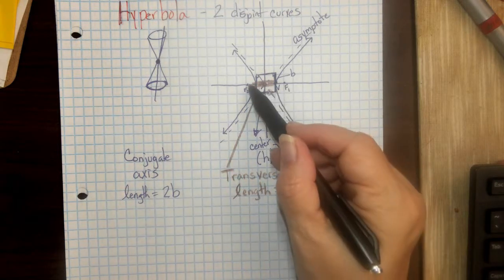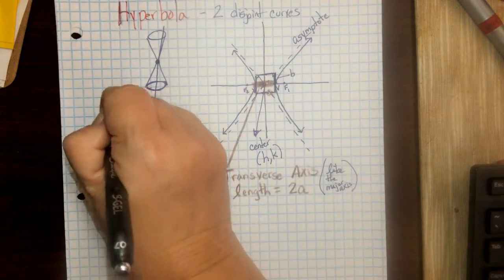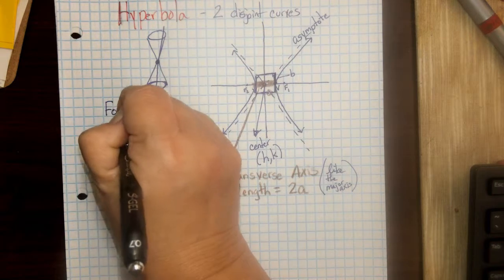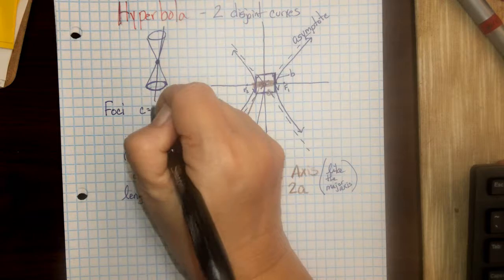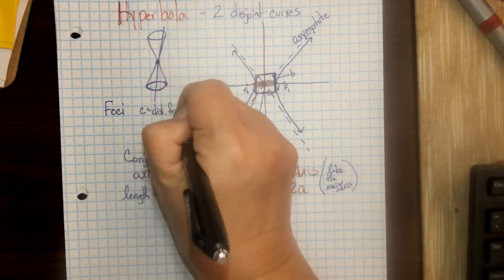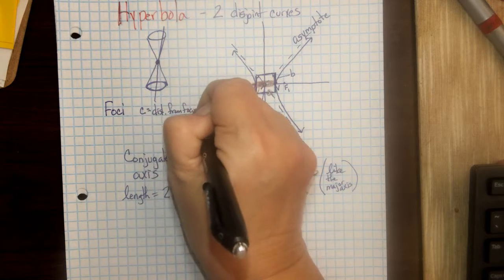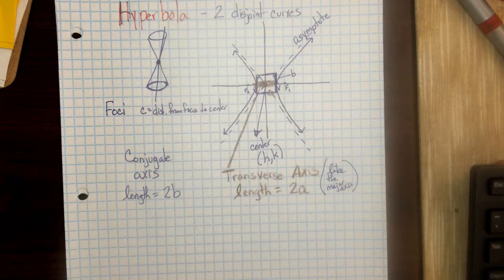So we want to talk about this focal point here. So remember, plural for focus is foci. And so letter C, like the ellipse, it's going to be the distance from the focus to the center. And like the ellipse, it has to do with the Pythagorean theorem.